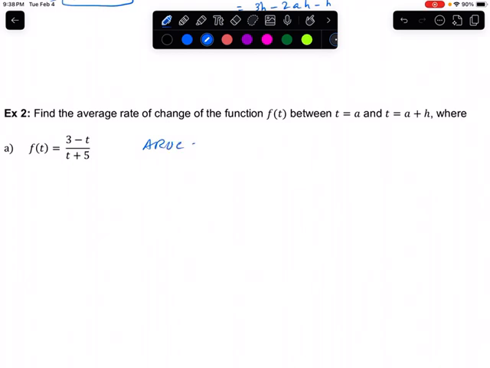AROC is equal to f of a plus h minus f of a, times 1 divided by h. So if I want to do it directly, this is how it will go.